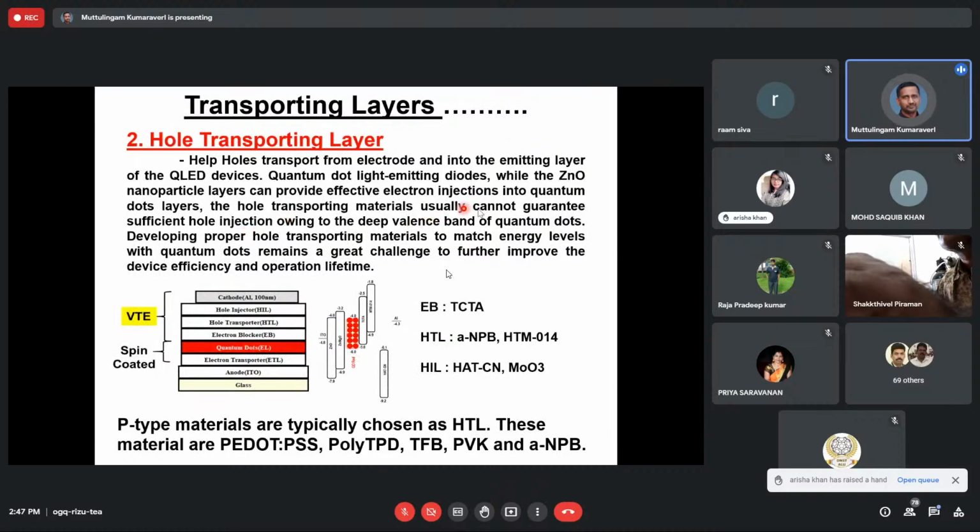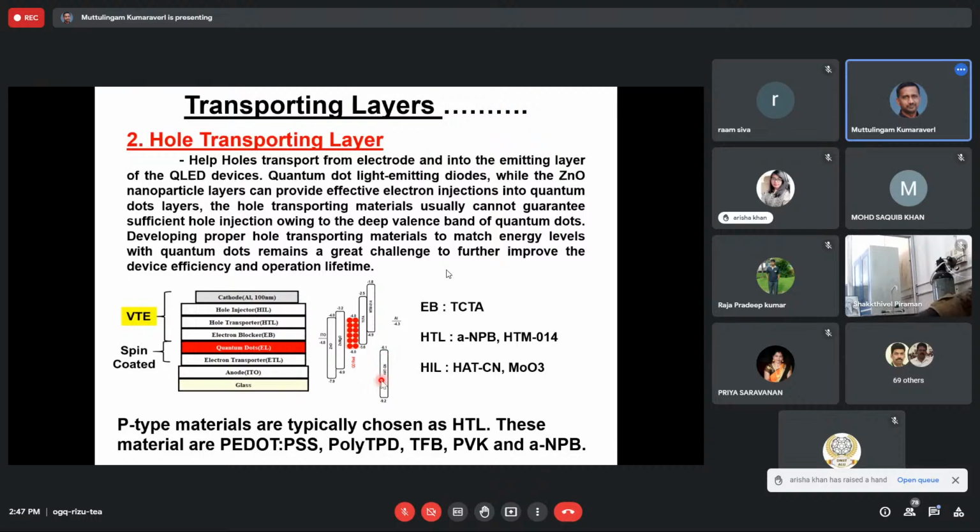The hole transporting material usually cannot inject holes sufficiently because of the deep valence band of quantum dots. So on the OLED side we don't have a problem with the hole transporting layer, but in QLED manufacturing we have a problem on the hole transporting side, because we have a good electron transporting material, which is zinc oxide and the other metal zinc oxides.